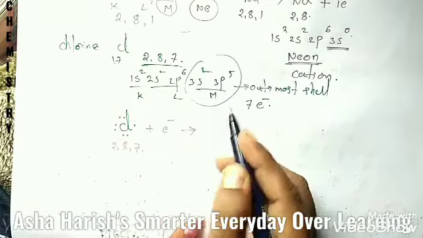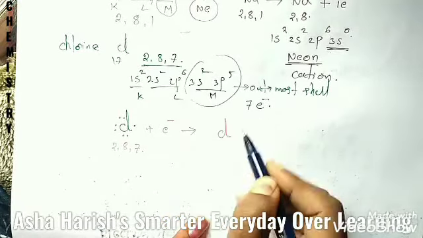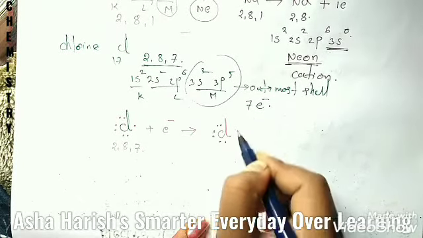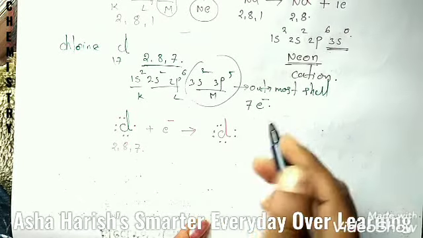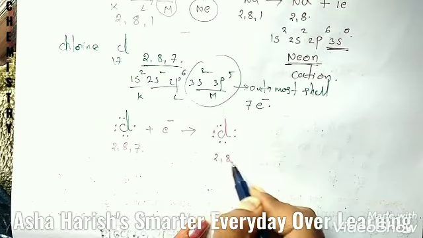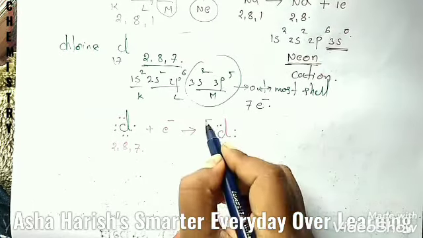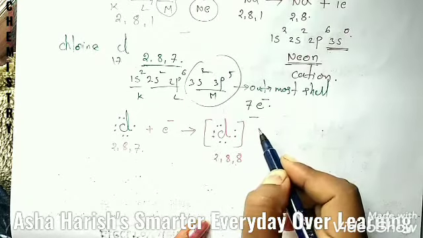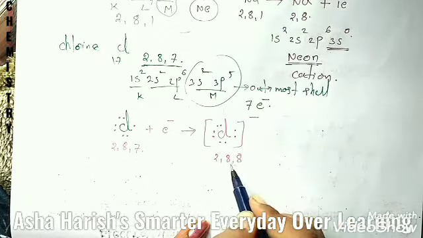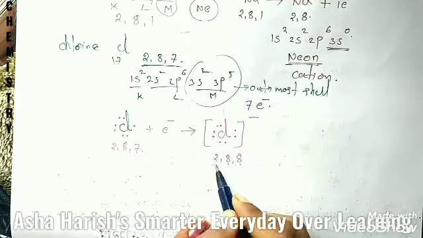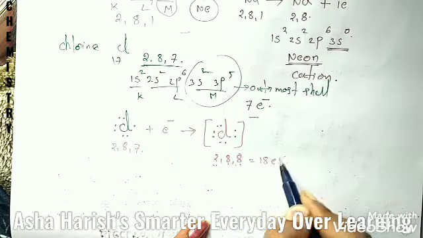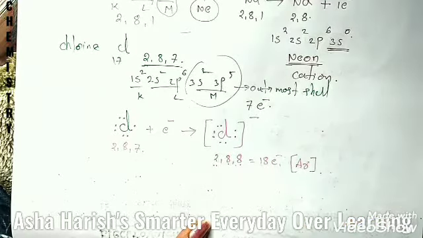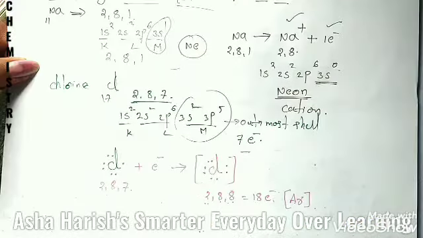Then students, which ion has been formed here? Let us see. 1, 2, 3, 4, 5, 6, 7, 8. The configuration is 2,8,8. This is the anion, which has the electronic configuration of 18 electrons, that is argon, the noble gas.